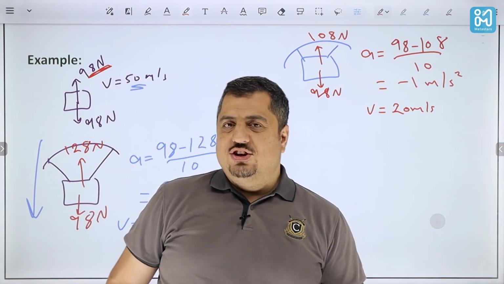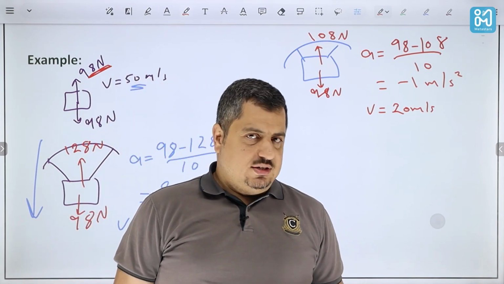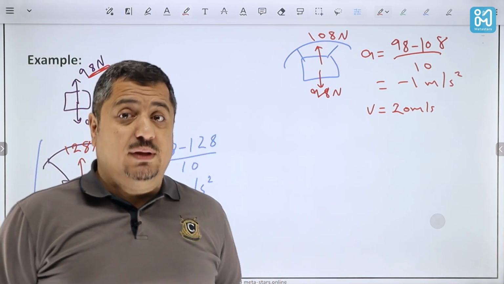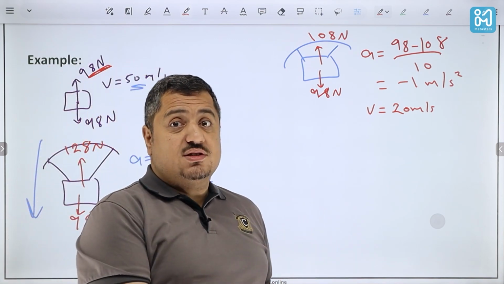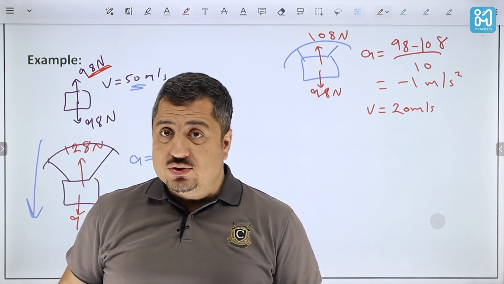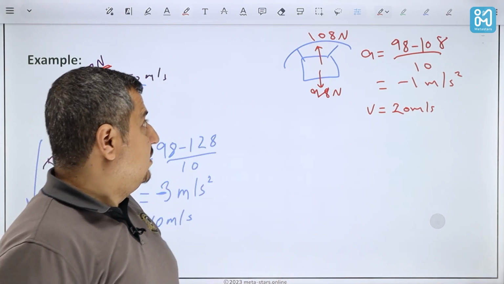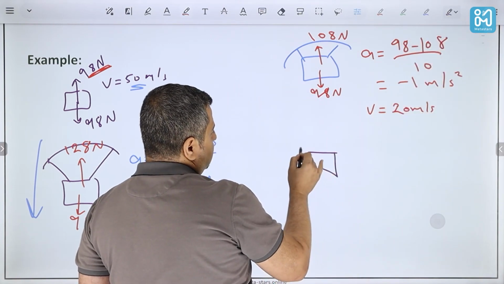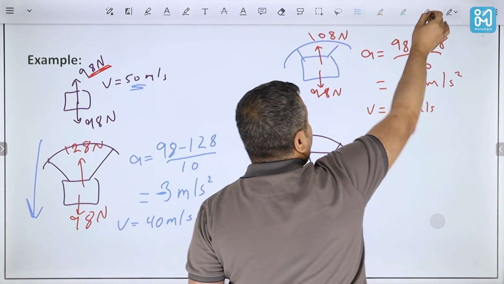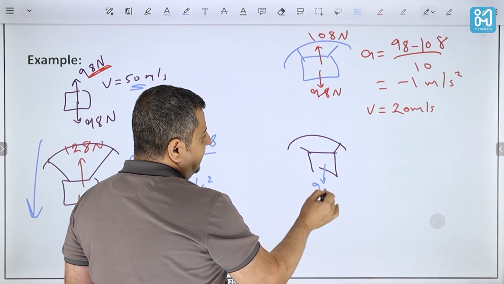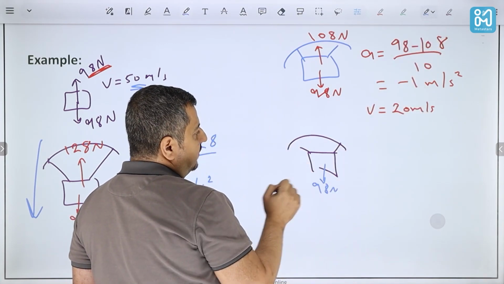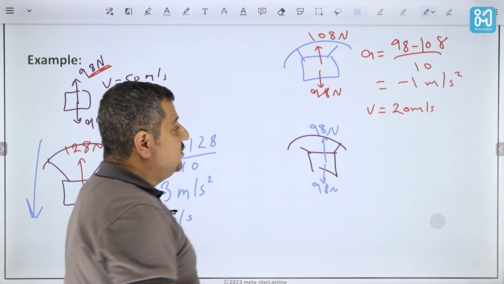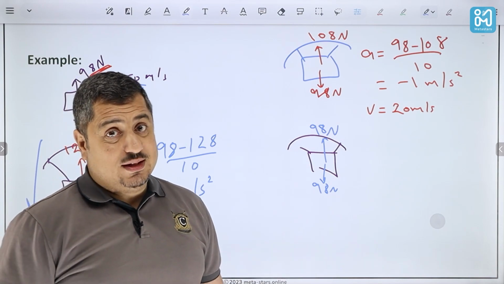So the parachute increased the air resistance, which means we have deceleration, which reduces the speed. And because of the reduction of this speed, the air resistance will reduce. So then you reach a point, with the object with the parachute, where the 98 newtons of weight and the air resistance return back to 98 newtons because of the reduction of the speed, as I said.